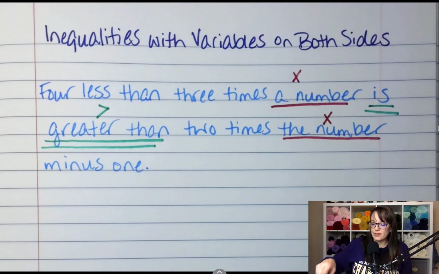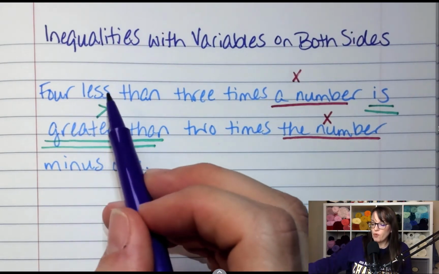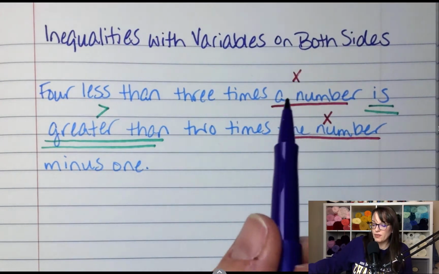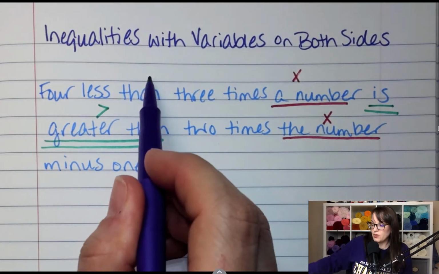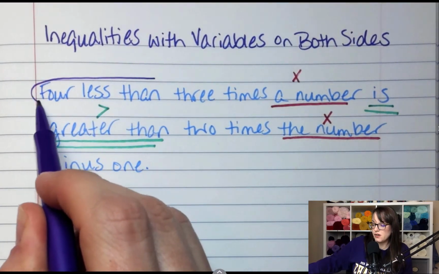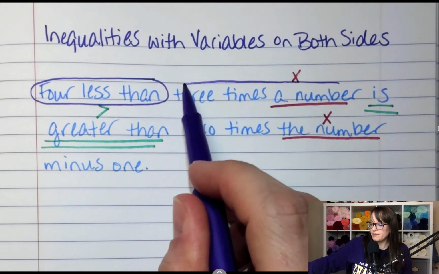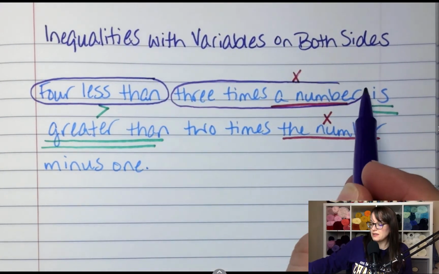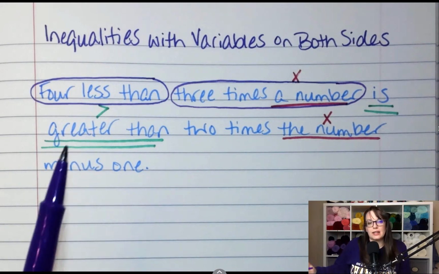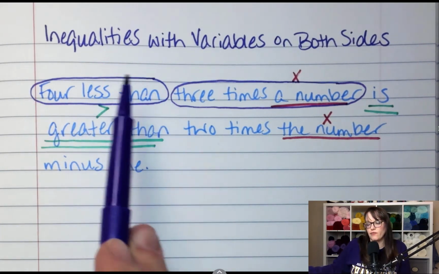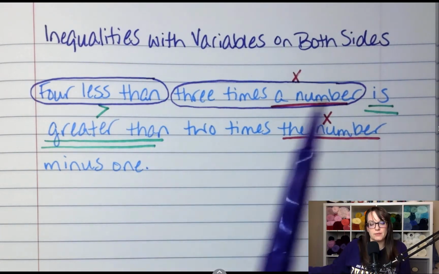And now I've got this beginning part. 4 less than, and then 3 times a number. Remember when we talked about less than? What do I need to do here? 4 less than 3 times a number.